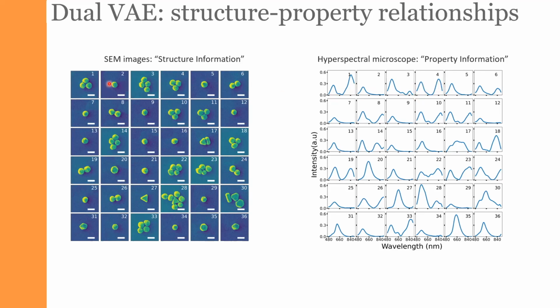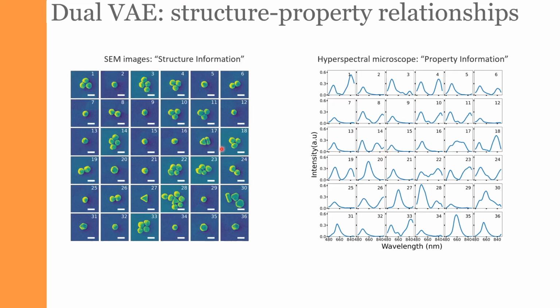If you look at the monomers, monomer number 2 and number 5, you can see that they have one peak. If you look at something more complex, like the tetramer number 14, you can see that there are also two peaks, similar to the trimers, but the shape of the second peak is different.